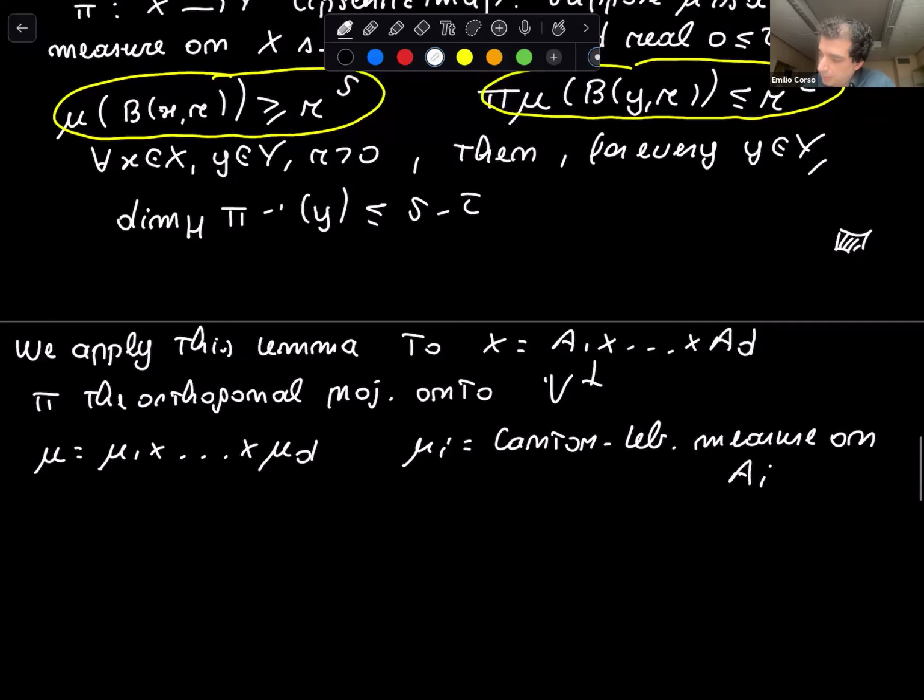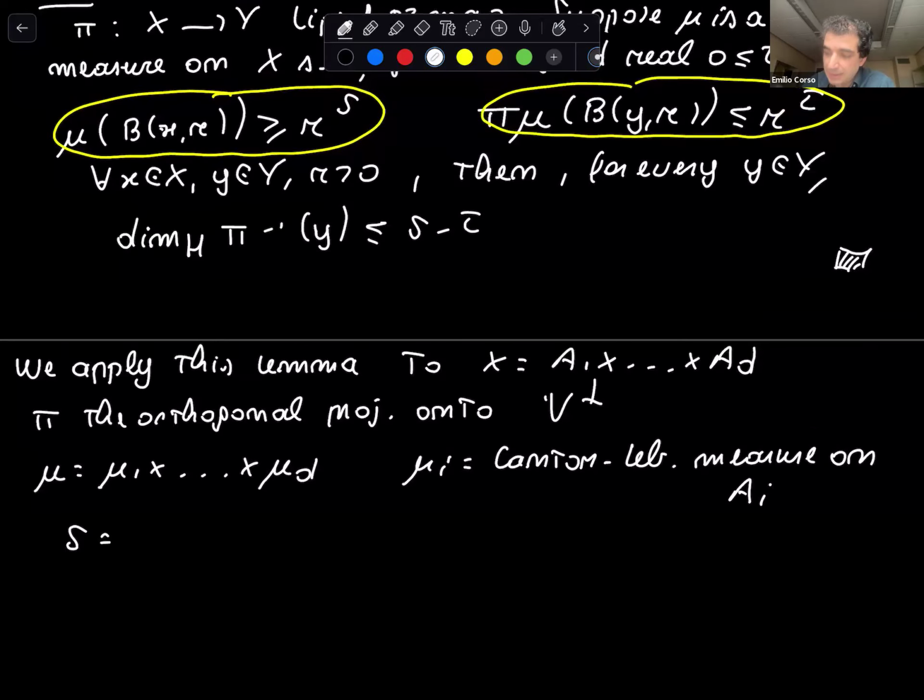In particular, here S is really the S above, which is the sum of the dimensions. So the only thing that is left to examine is the T. What can we say about the T?